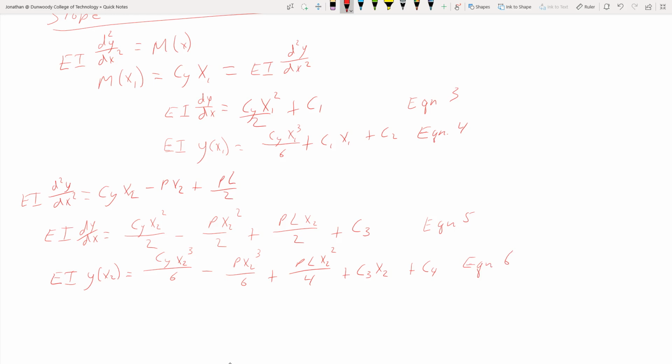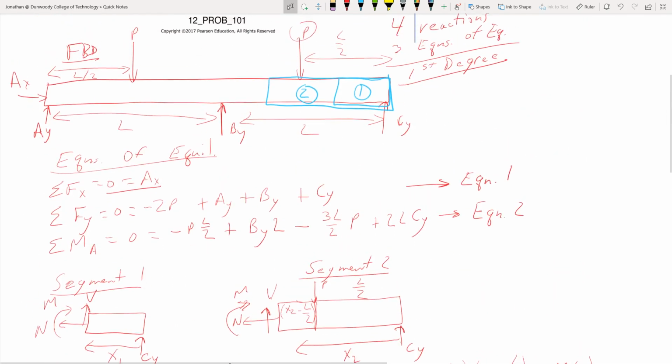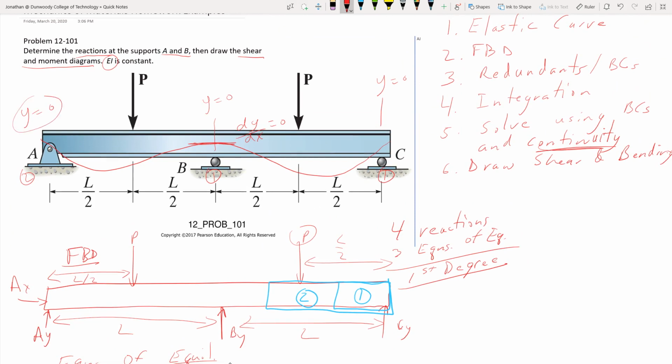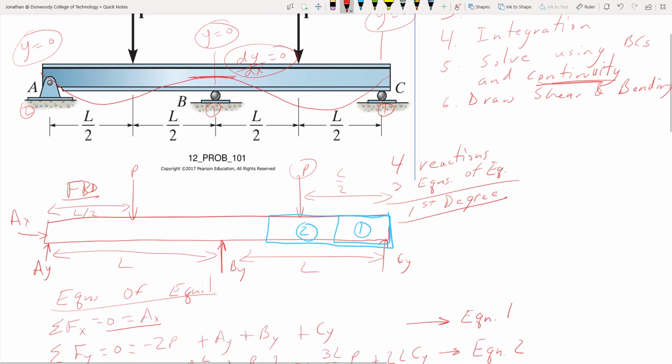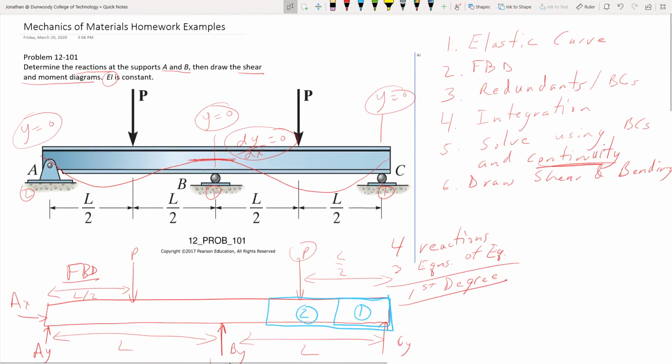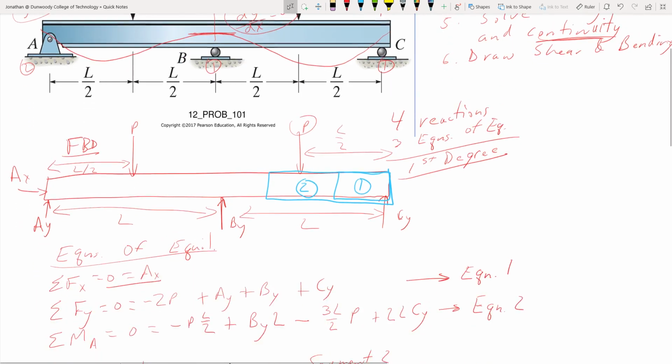What are our boundary conditions? We called them up here, right? We work our way back up. Right, so we had these boundary conditions. We had y equals 0 at x2 equals 2L. At x2 equals L, we have y equals 0, and at x1 equals 0, y is 0, and at L we have the slope is 0. So those are going to be our boundary conditions. Actually, this one is called the continuity equation or condition.